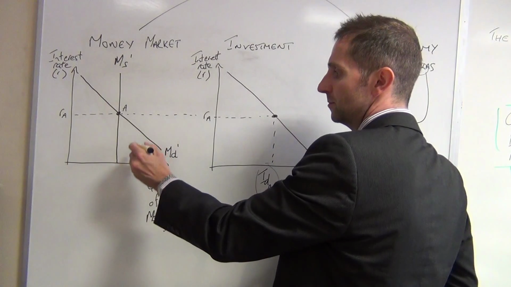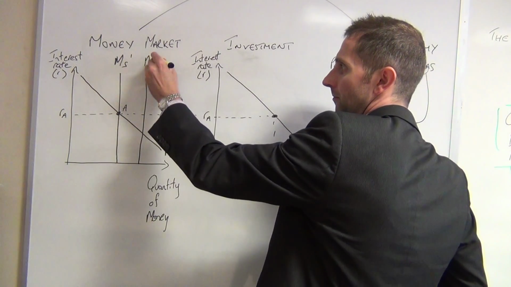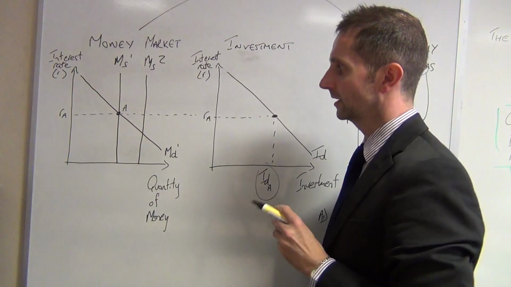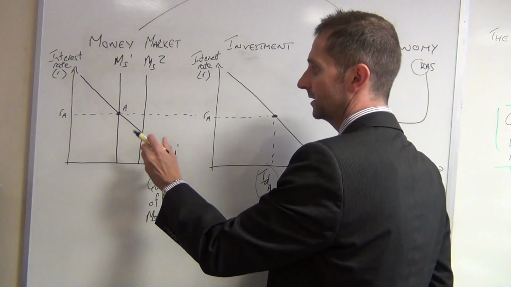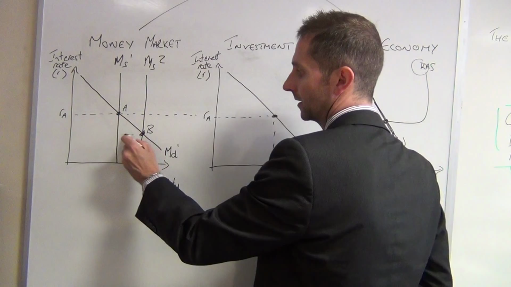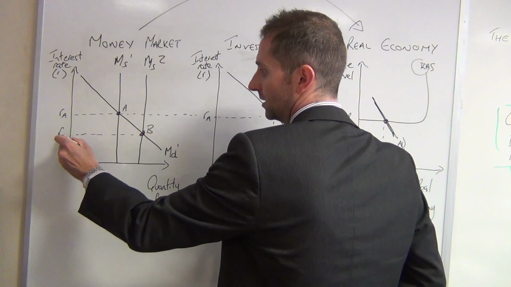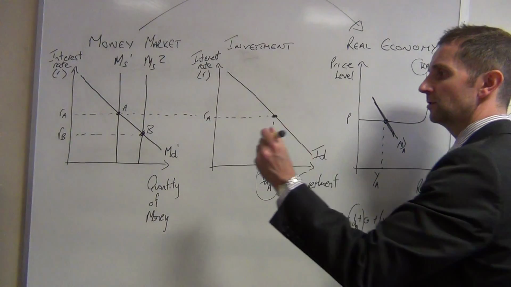So I'm going to shift the money supply curve to the right, to MS2. Again, it's perfectly inelastic, and I'll explain why later. Now that yields a new equilibrium at point B, which gives rise to an interest rate of RB.